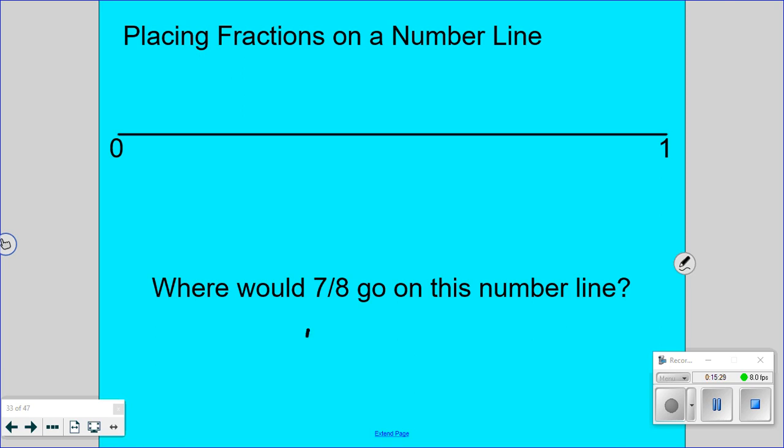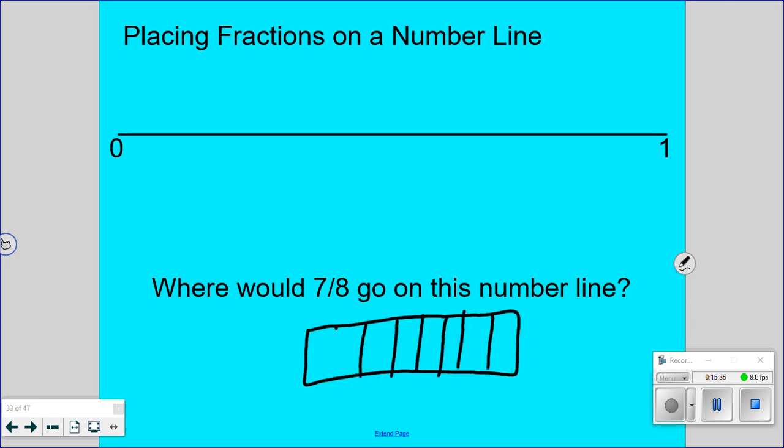If I have a model that I split into 8, and I eat 7 of them, that's almost the whole thing, isn't it? It's only 1 piece away from being the whole thing.